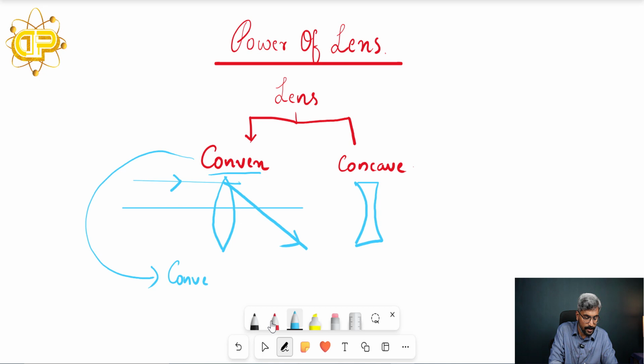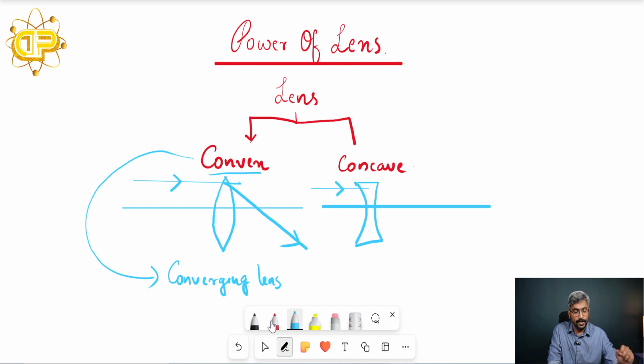So we can say that this convex lens is also known as converging lens. Whereas in the case of a concave lens, if this is the principal axis and a ray of light is falling on this concave lens like this, then what will happen? Instead of converging, it will diverge the light falling on it, right? So this is a case of a concave lens.